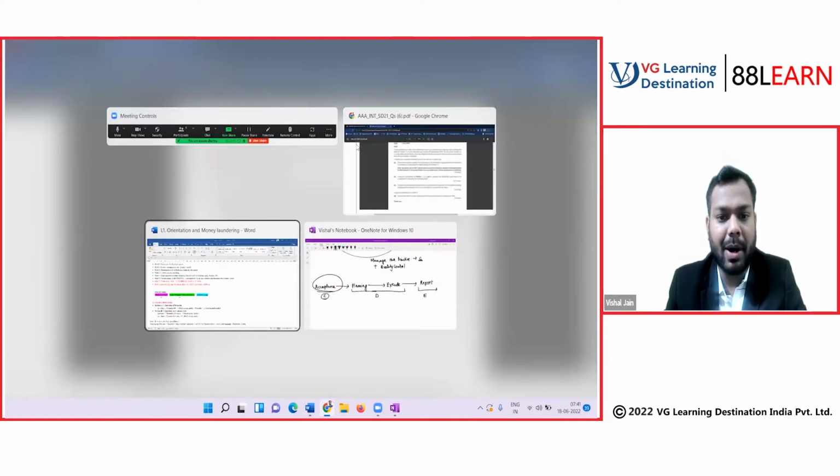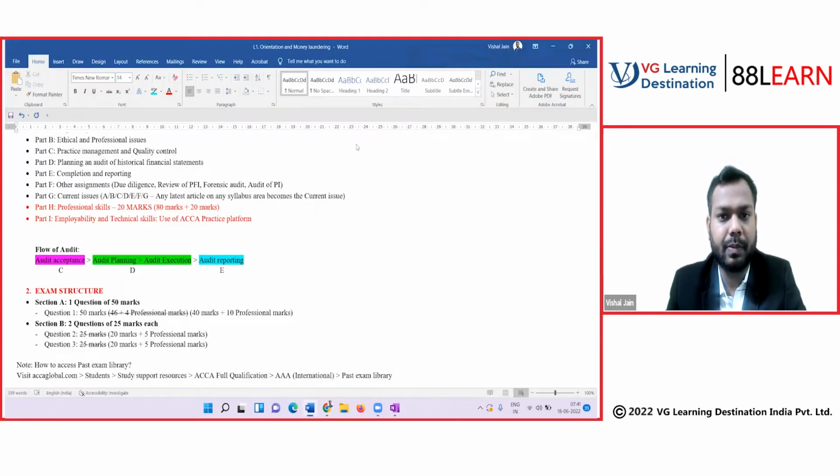Okay. Now coming back to our notes. So this is what you have to understand: the exam structure. One thing more you have to understand: the exam pattern.